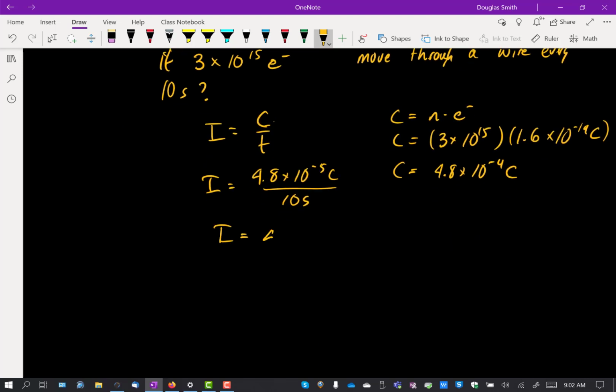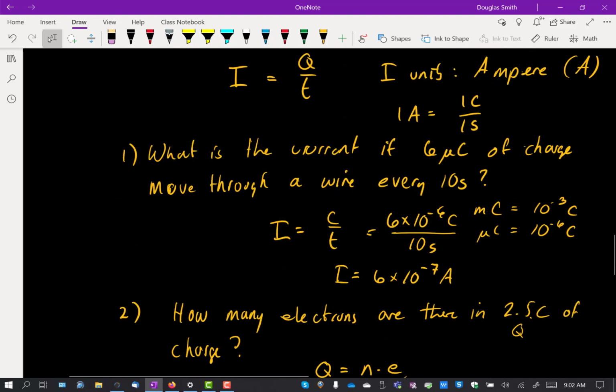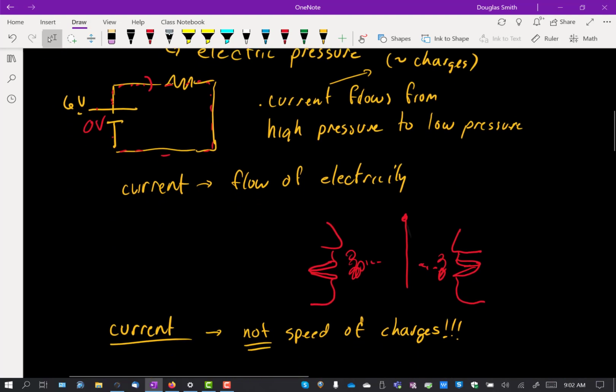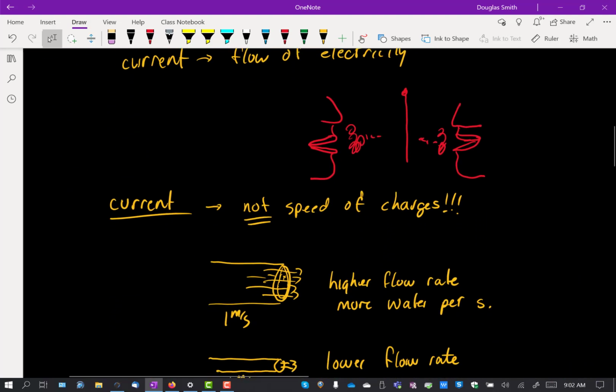The current is 4.8 times 10 to the negative 5 amps. There you go. That's the basic structure of a circuit. We have conductors, we have electric pressure, and we have charges and current.